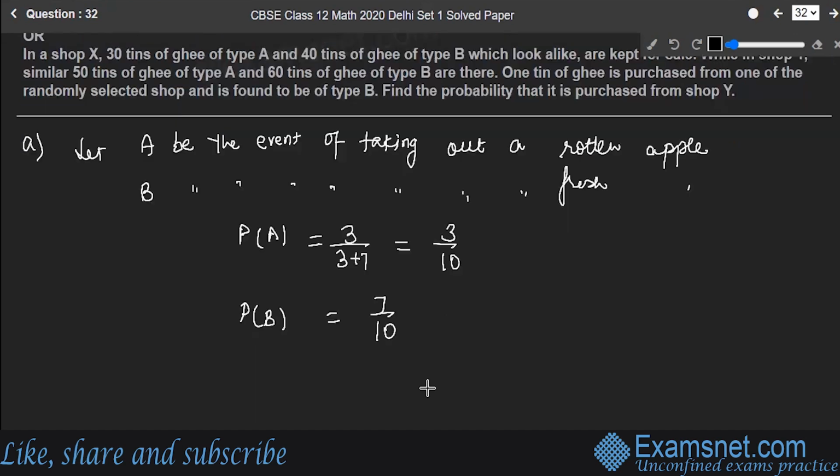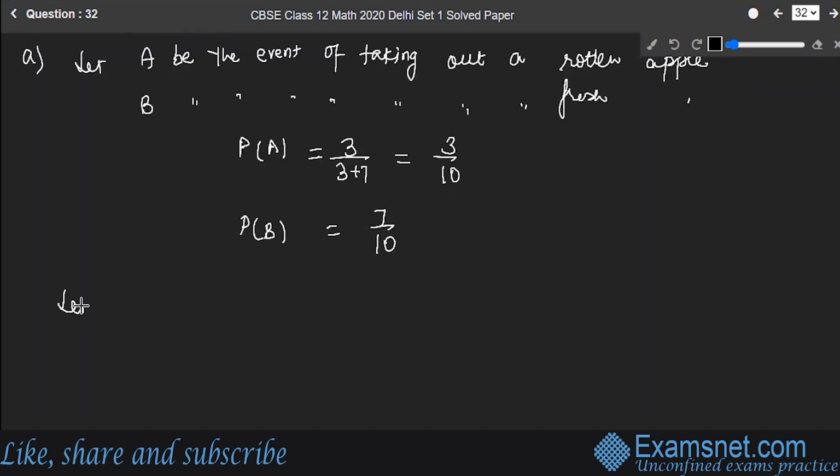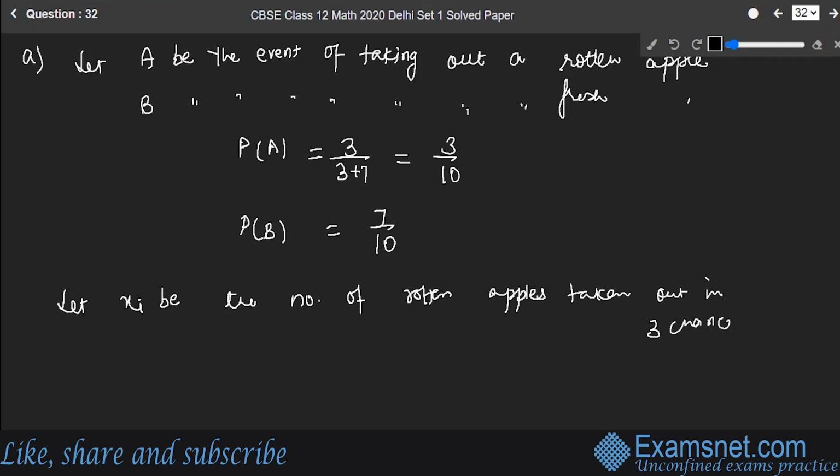Hope you understood that. Now, let's say Xi be the number of rotten apples taken out in 3 chances. You're given 3 chances, so either no rotten apple, 1, 2, or 3 rotten apples are taken out.